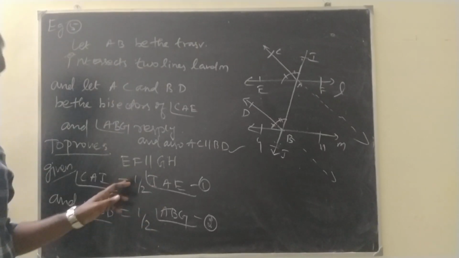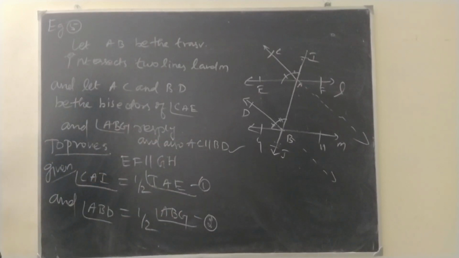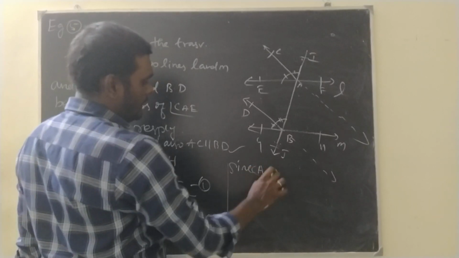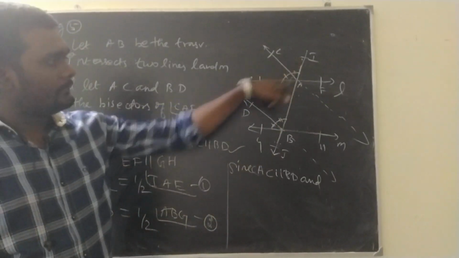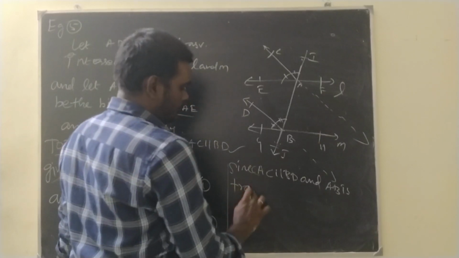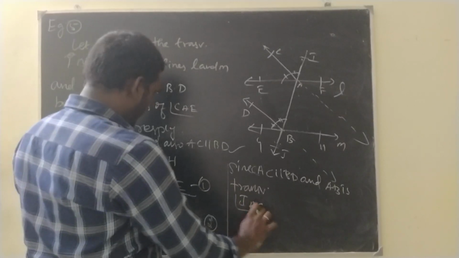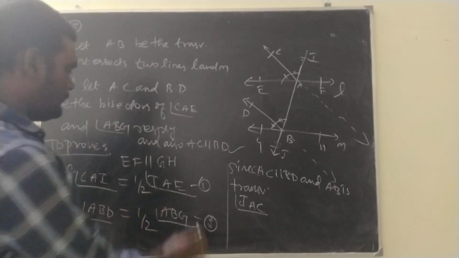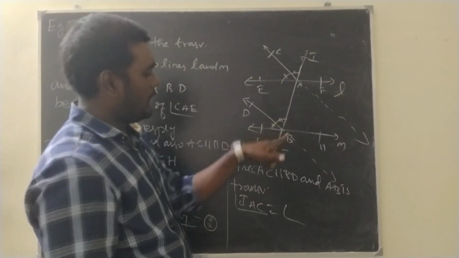And next, since the lines AC and BD are parallel, and AB is the transversal, we can say the angle IAC, oh, I wrote IAE, sorry, IAC equals this corresponding angle ABD.